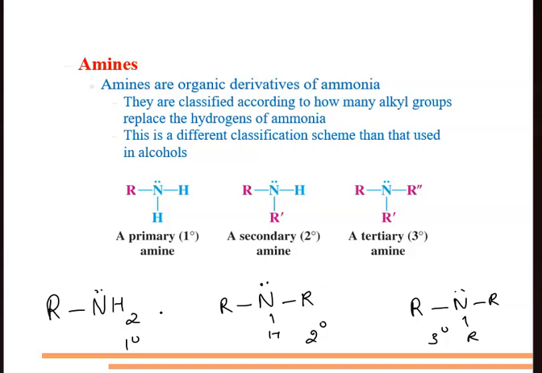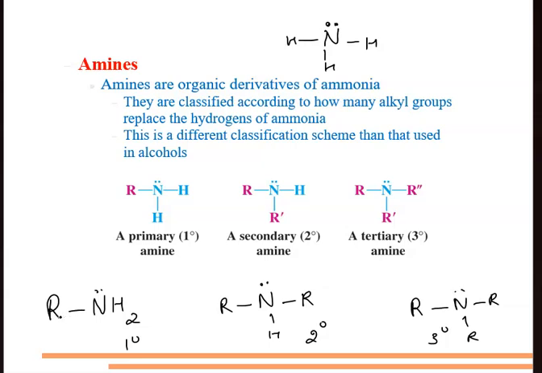In amines, the classification is based on how many alkyl groups are replacing the hydrogens in ammonia. So it's a derivative of ammonia. This is ammonia, and as you start replacing each of the hydrogen atoms with an R group, which is a generic carbon chain, we call it an alkyl group.